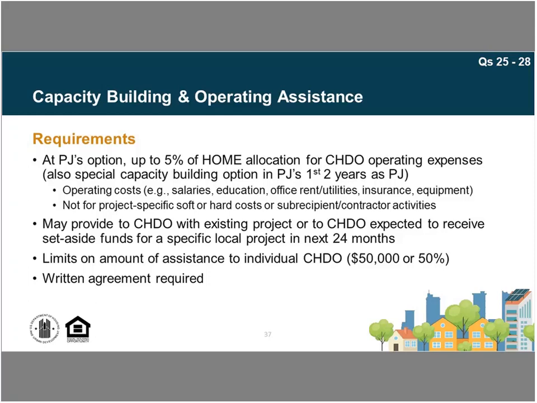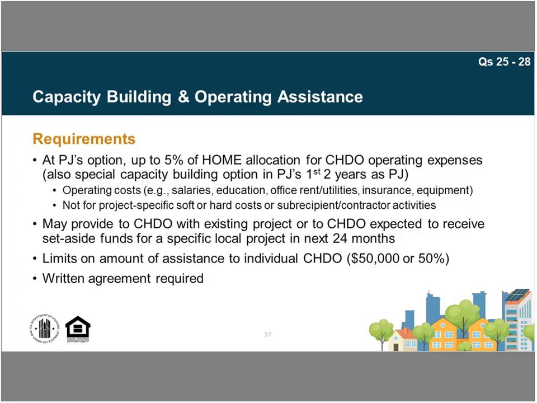This is in light of the risk for CHDOs in being sustainable during this time period. That's for fiscal year 19 and fiscal year 20, and it came out in an April 10th waiver. It also waives the expectation of project funding within 24 months.